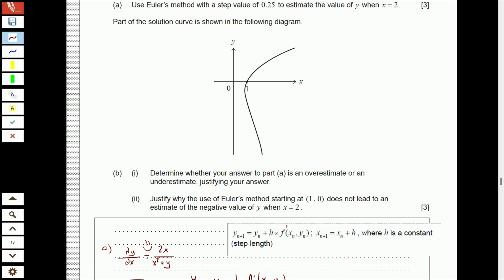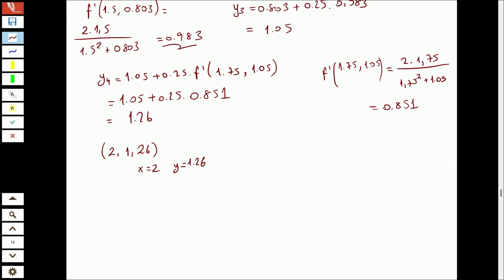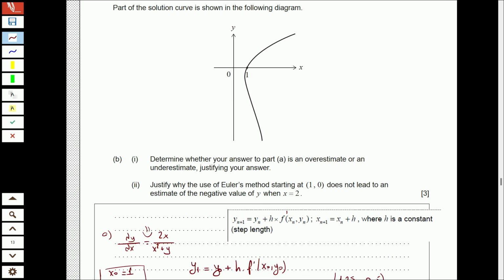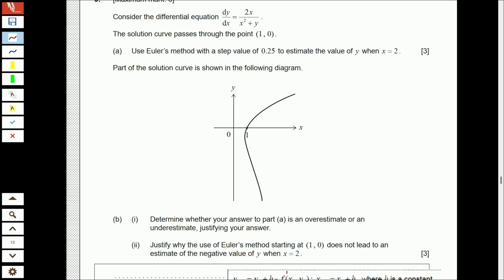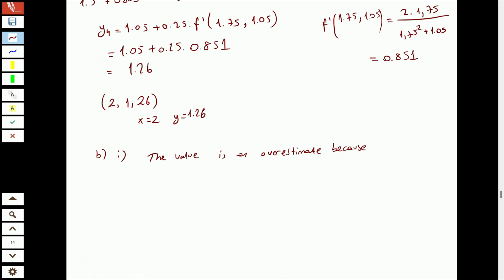For the second question, determine whether your answer to part A is an overestimate or an underestimate, justifying your answer. We can say the value is an overestimate because when you draw a tangent to the curve, it lies above the curve.